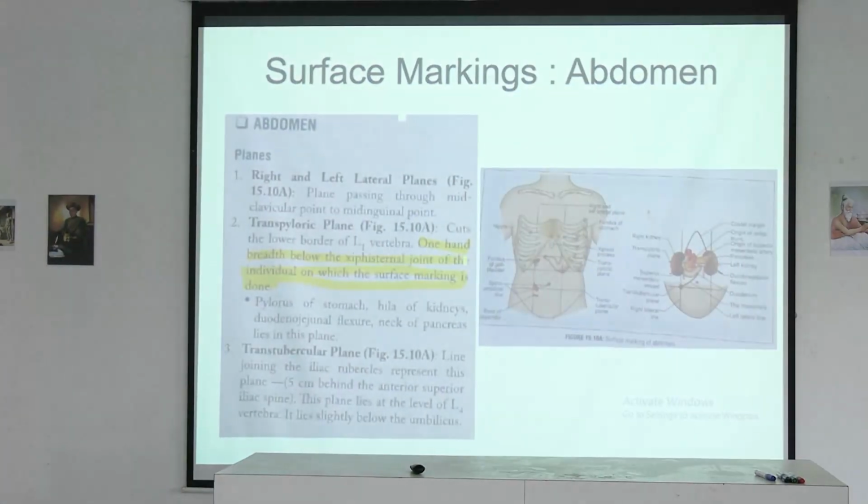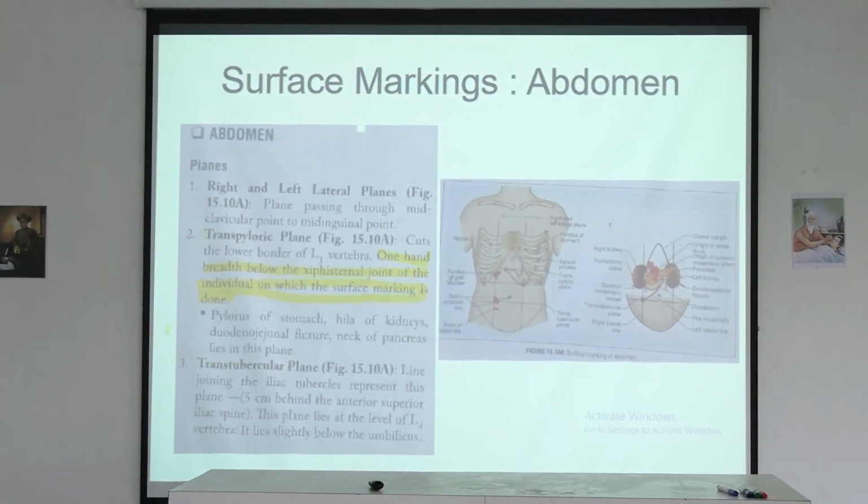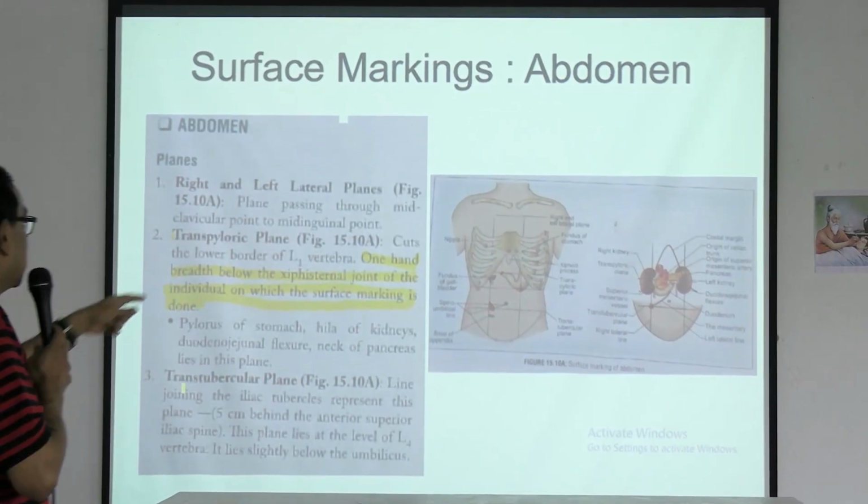If we go one hand breadth below, we can make a plane, we can make a line. That line is called the transpyloric plane, which we can see here.